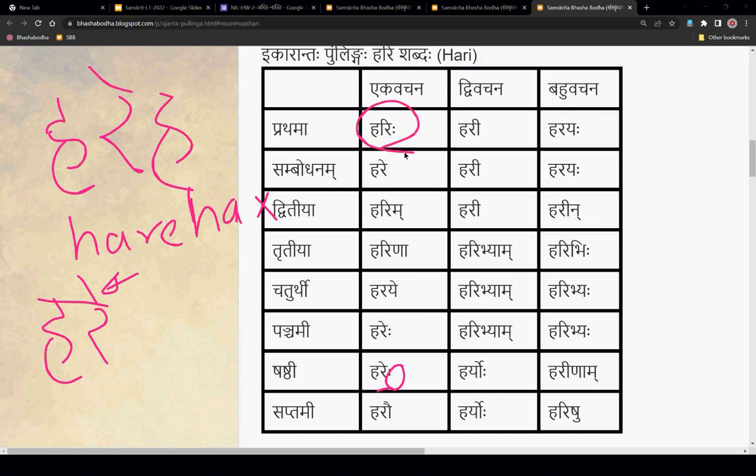Here in Hari, there is E at the end, and after that you release the breath, continuing that E: Harihi. And in Harayah, A is at the end, so after A, breath release. Harayah. Here O is there: Haryo. Pronounce O and continue the release of the breath with the O itself. Haryoho.